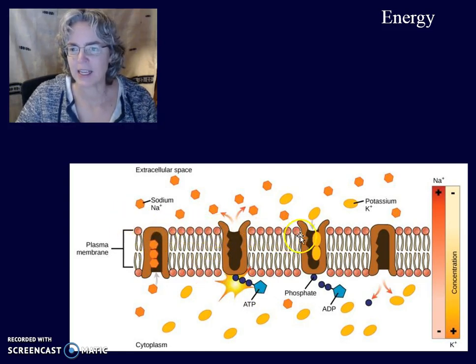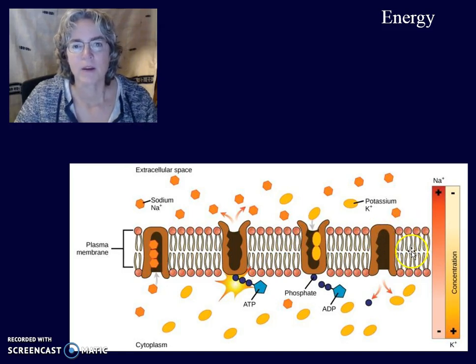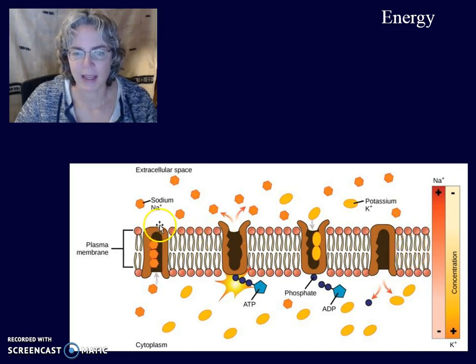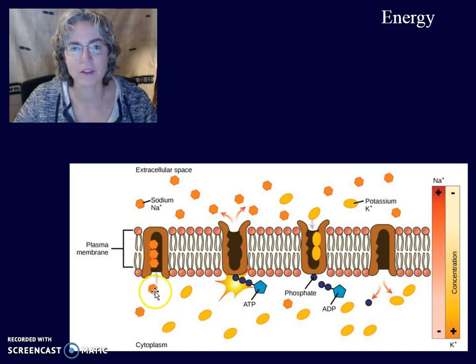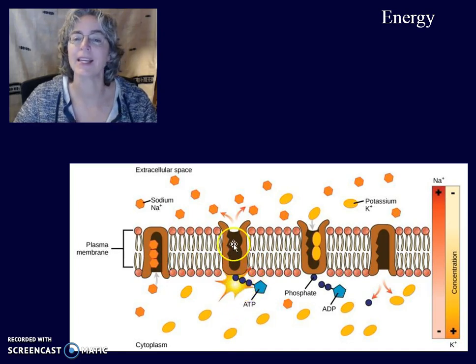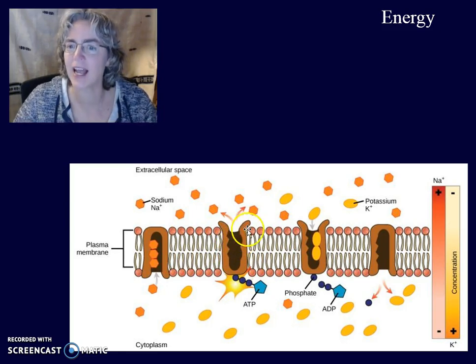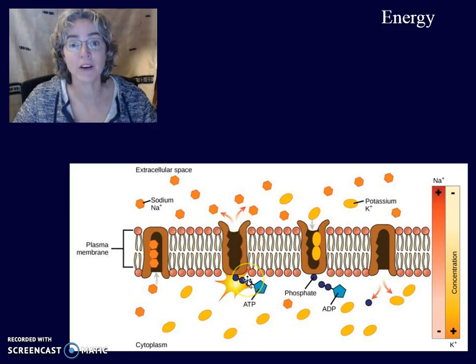Remember that this is our cell membrane, and these are our phospholipid molecules, and this is a protein inside the membrane. These proteins are pumping ions back and forth across the membrane, sodium ions and potassium ions. Remember, it has to use energy because it's going against the concentration gradient, and it's using it in the form of ATP.